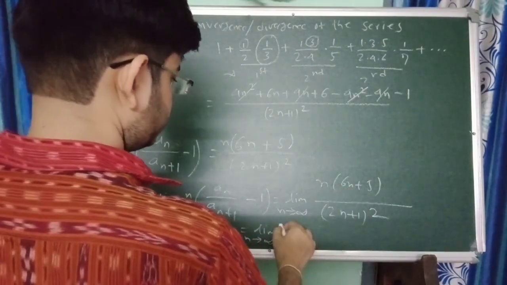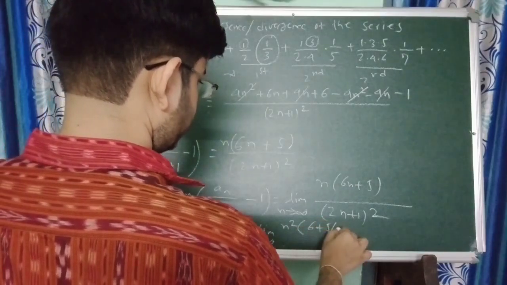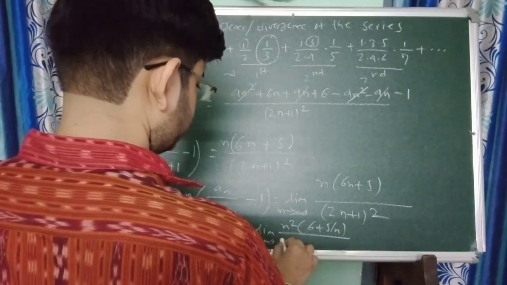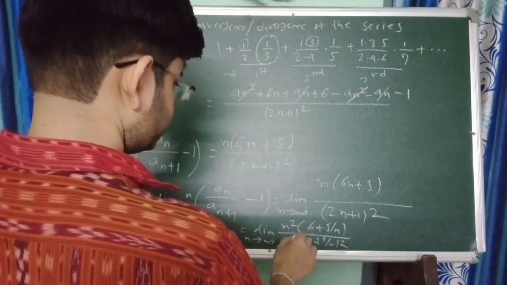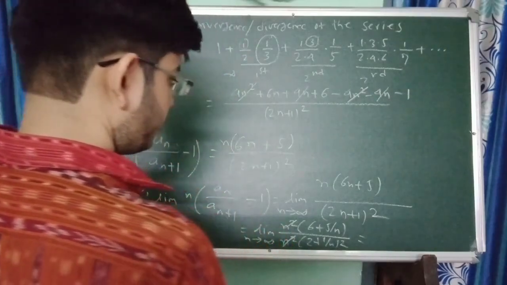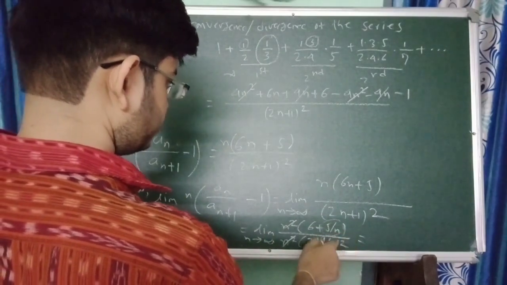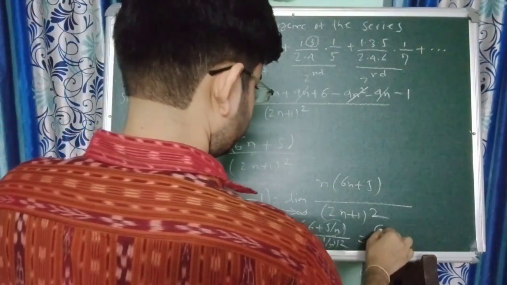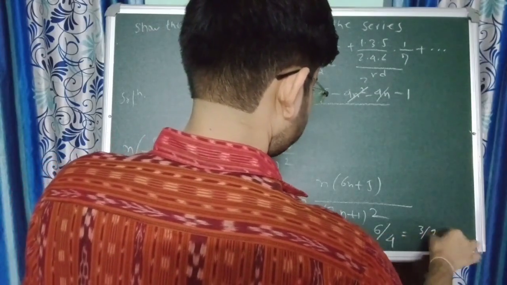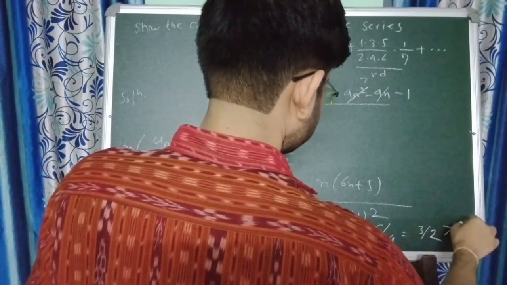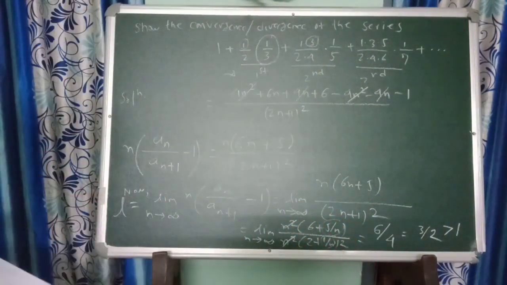Taking n common from this, we get n square into 6 plus 5 by n, and taking n common from this, n square into 2 plus 1 by n whole square. Cancel n square. When n tends to infinity, this part and this part go to 0, and the remaining portion is 6 divided by 2 square, which means 4, which is 3 by 2, a non-zero quantity and greater than 1.